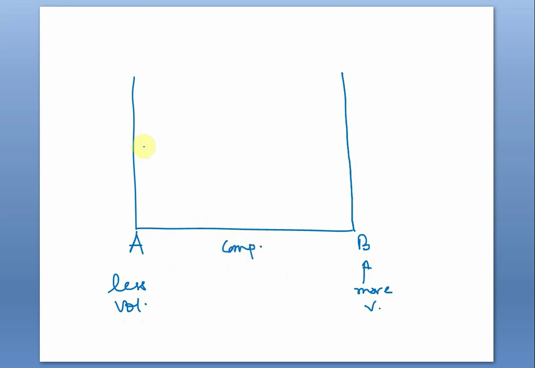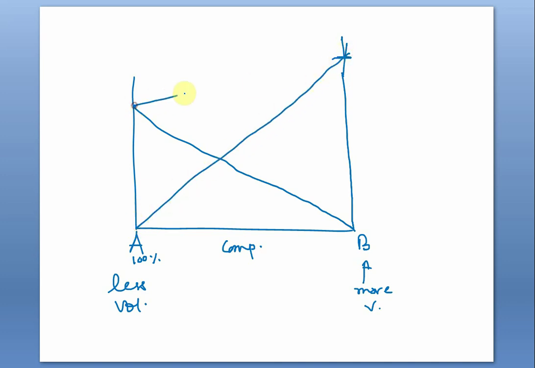So, supposing this is A 100%, that is mole fraction 1. So this is A gradually decreasing. And say this is more volatile means here. So B gradually decreasing. And this is the total graph, right? This is for the ideal solution.